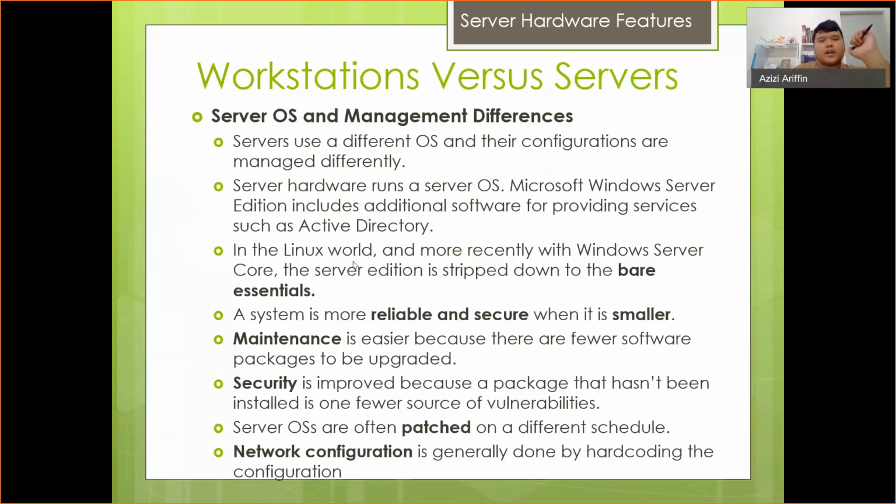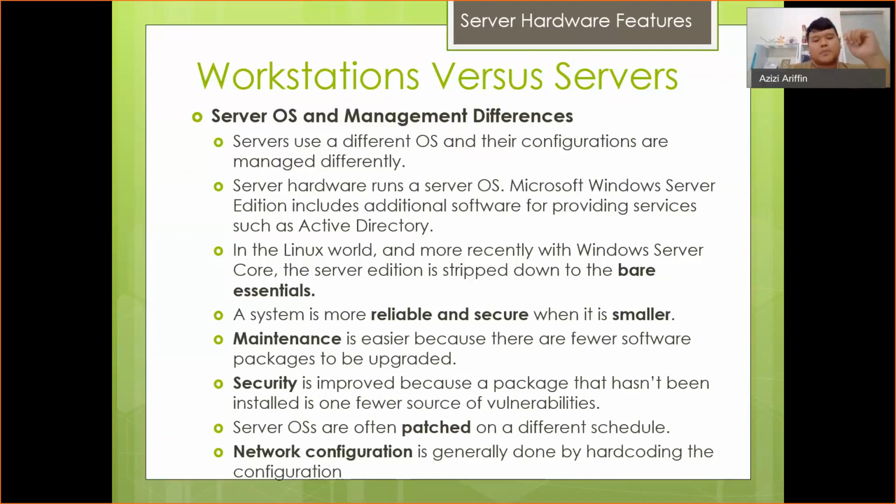So even the OS is different. Usually Microsoft and any operating system have a server version, because it is built for efficiency. For example, in Windows, we have Windows Server Edition. For Linux, we have a server version, because it doesn't have a GUI, or it has a very minimal graphical user interface, because the system is more focused on reliability and security.